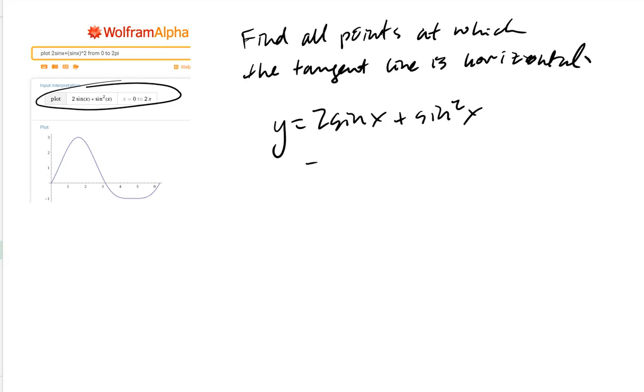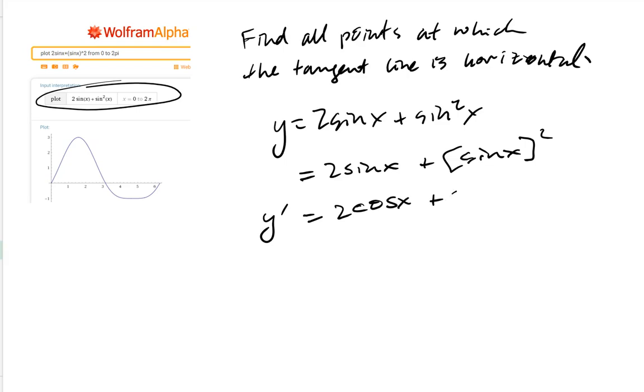That sine squared of x can be written as sine of x quantity squared, like this. So when we take the derivative, we get 2 cosine x plus 2 sine x to the 1 power times the derivative of the inside, that's cosine x.